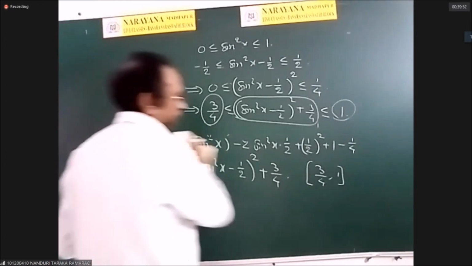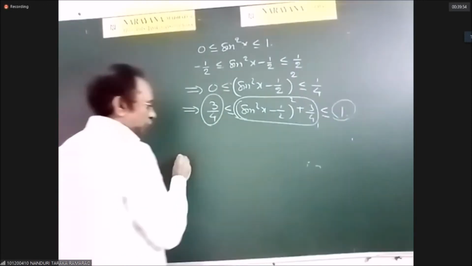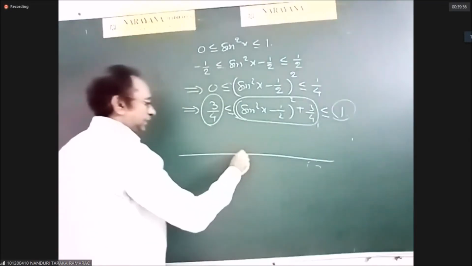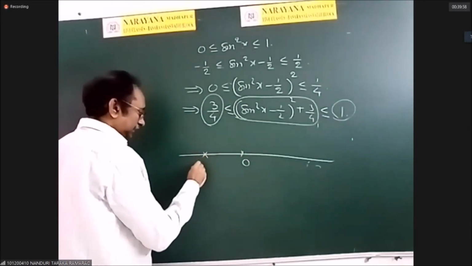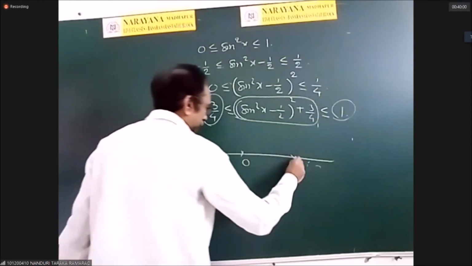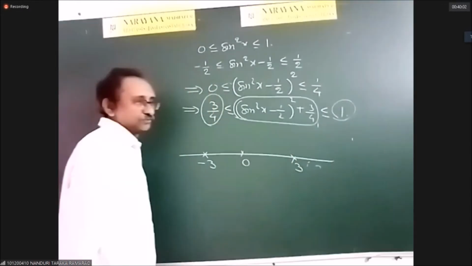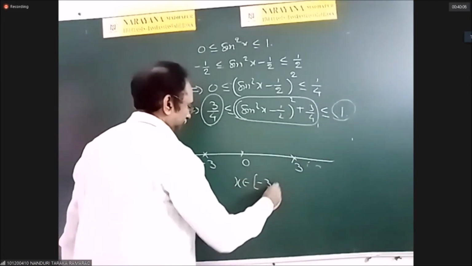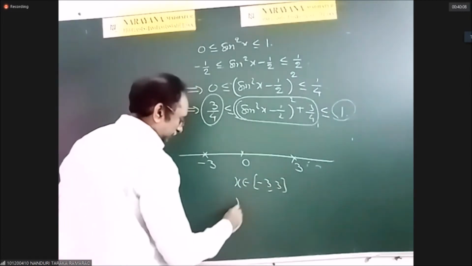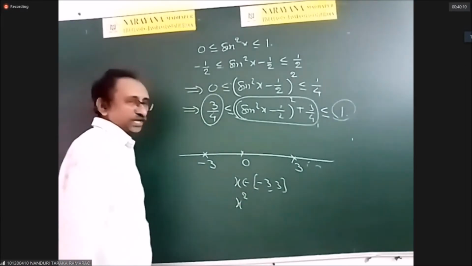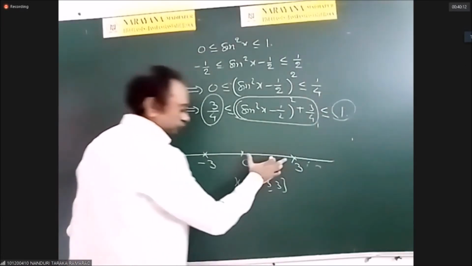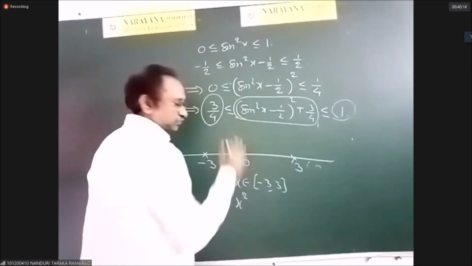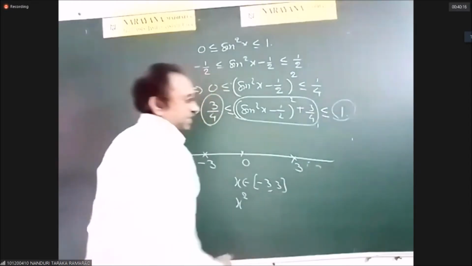See, suppose you consider the numbers between minus 3 to 3. And squaring them, what happens? If you square these numbers, 0 square is 0, 3 square is 9.